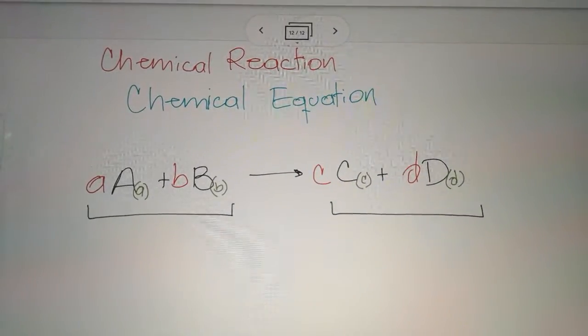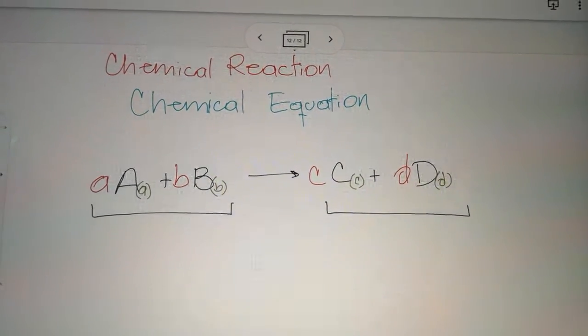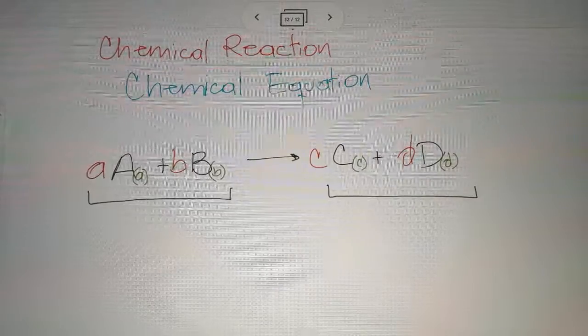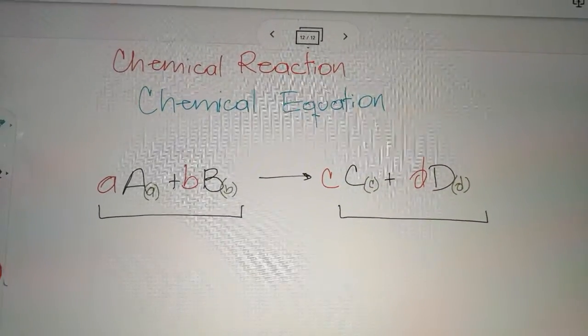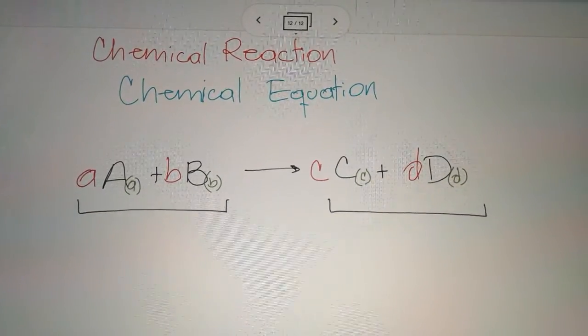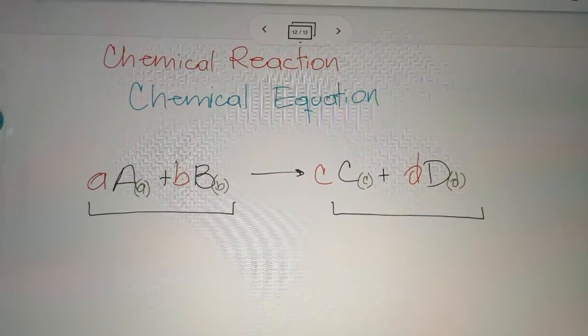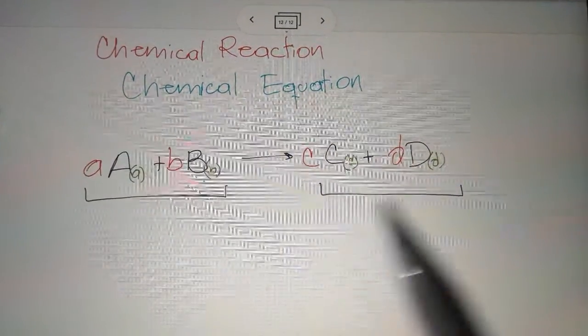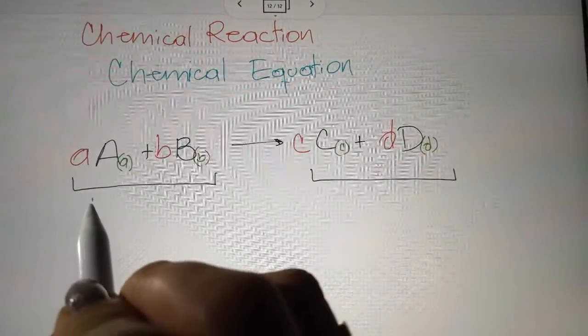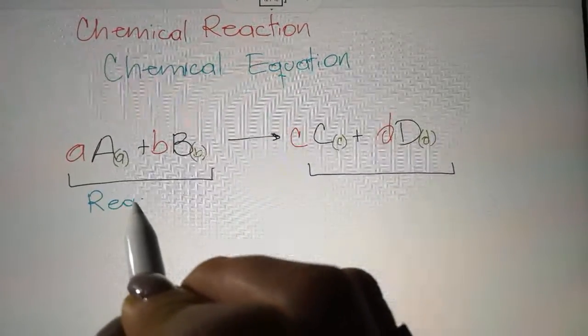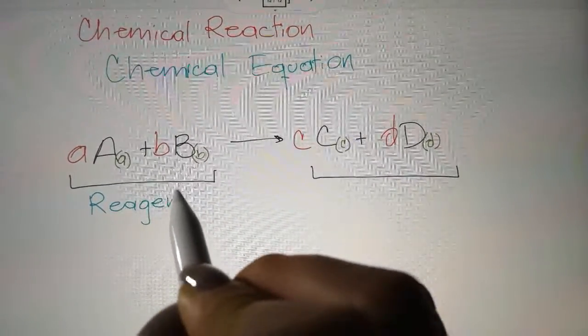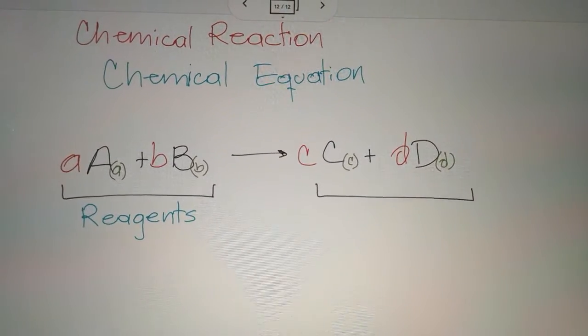Because it's the representation. The main structure of a chemical reaction or a chemical equation is based on this. So you will have two main parts. The first one, the reagents, or the reactants, okay? Reagents or reactants.